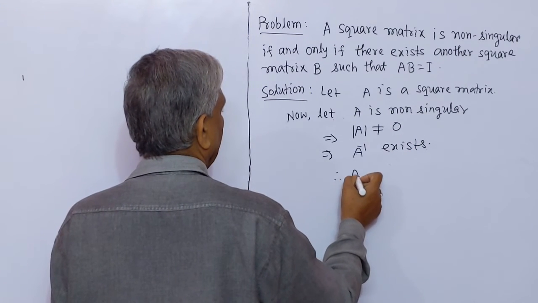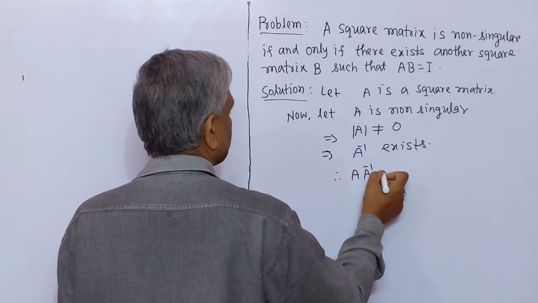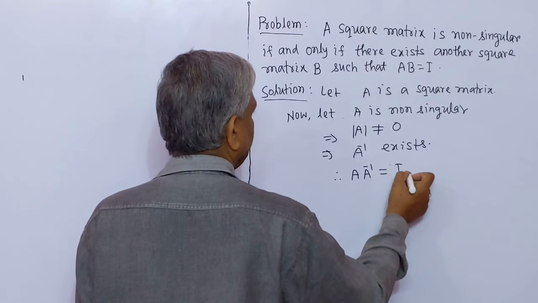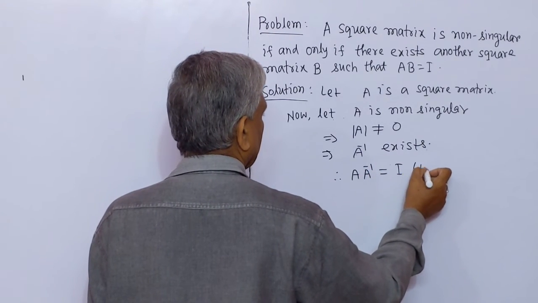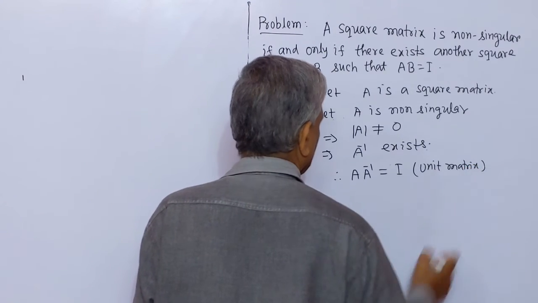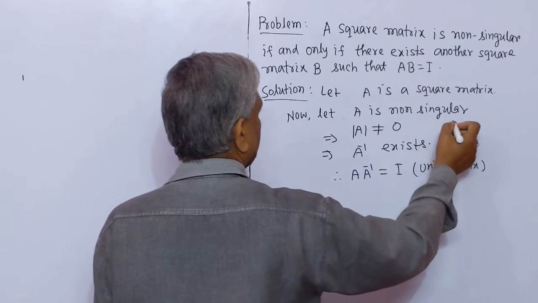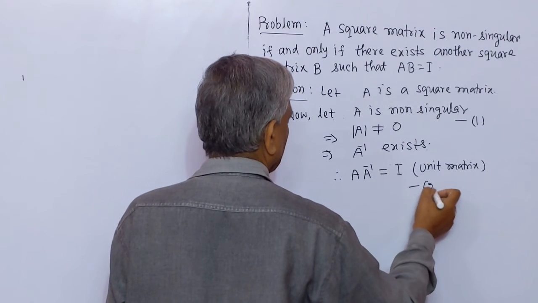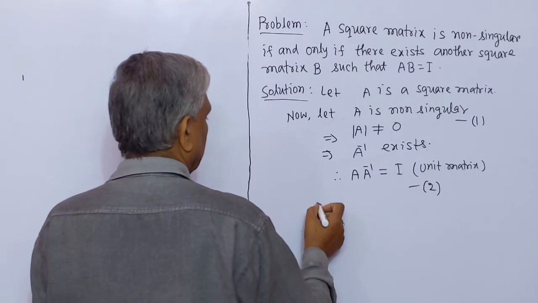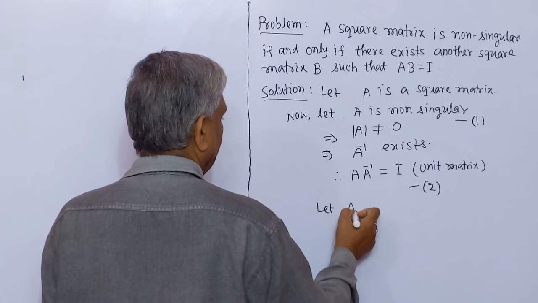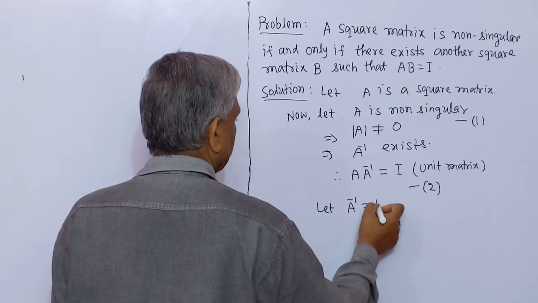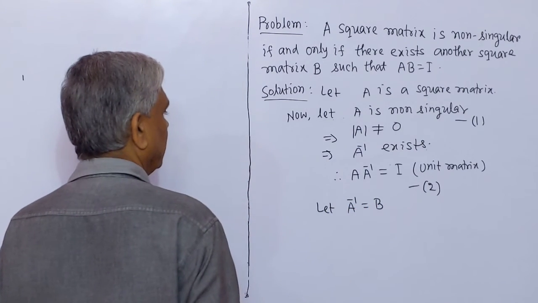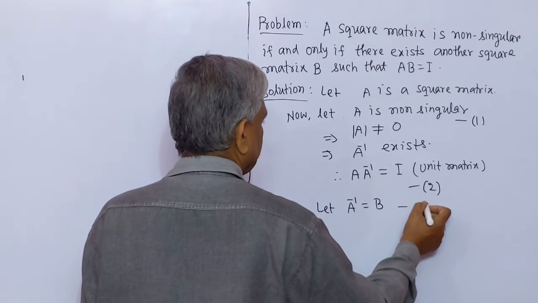Therefore, A inverse equal to unit matrix. This is number 1, this is number 2. Let A inverse equal to a matrix B. This is number 3.